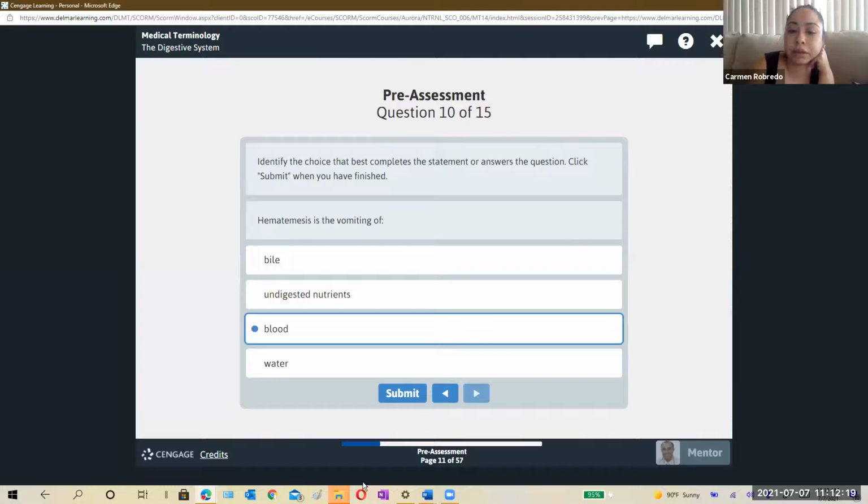Good job, Sylvia. Blood. Okay, the partial or complete blockage of the small or large intestine is called melena, ileus, trismus, or botulism.